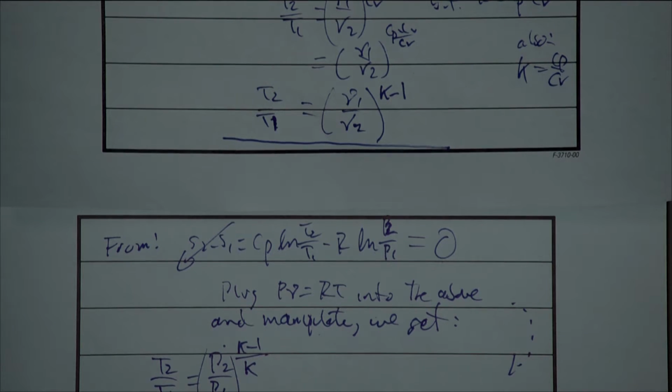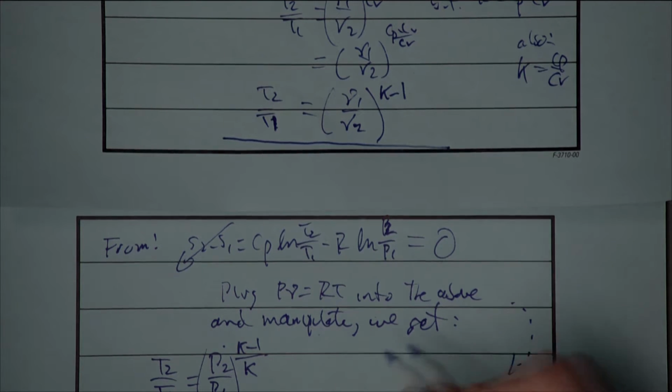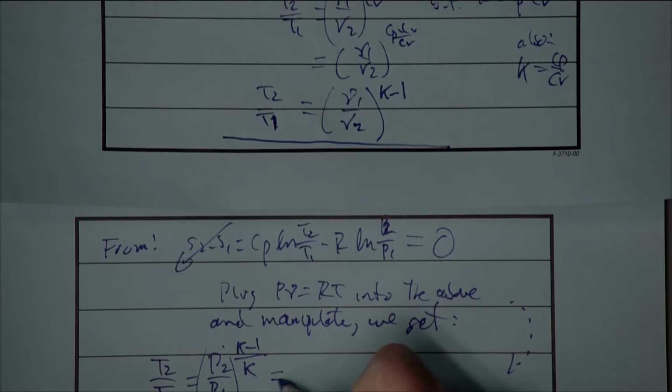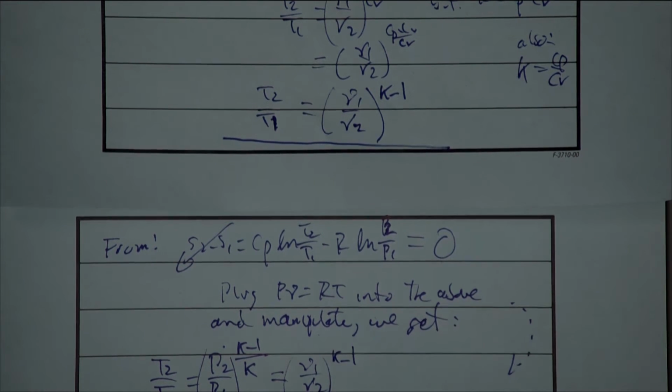One might also note that if we plug the ideal gas equation into this equation, I can apply this at both point 2 and point 1, the R's are going to cancel, and you're going to end up with temperature ratio and volume ratio terms. And further, we would find that this temperature ratio is going to equal V1 over V2 to the K minus 1, which is exactly the same as we had above, which is what I would expect, right?